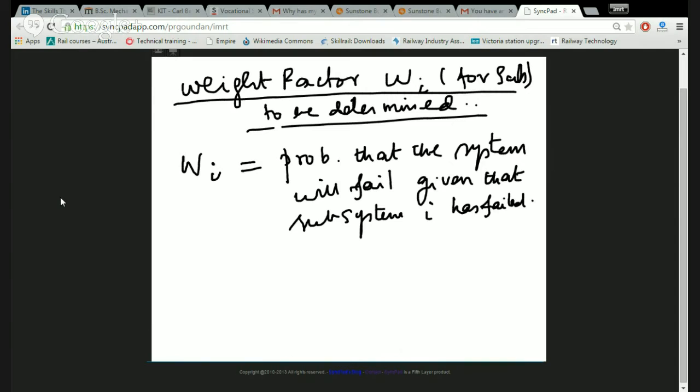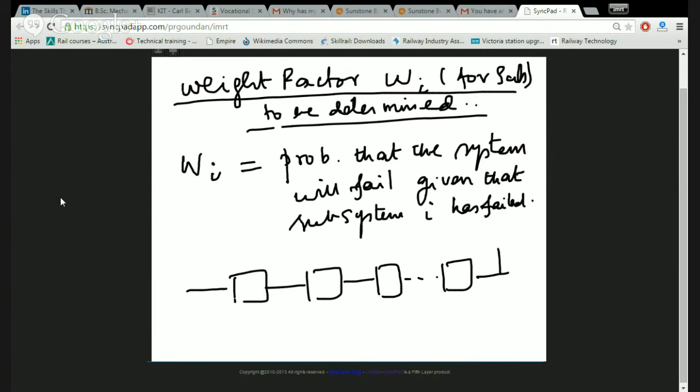Given that, so what do we mean by this? There is a probability that the entire system, what we had drawn, will fail, the whole thing will fail, given that the ith component of this, say this ith subsystem, fails. If this fails, what is the probability of the total thing failing?